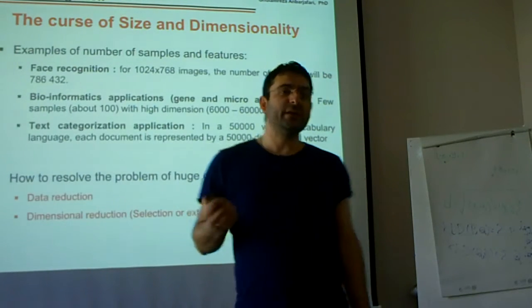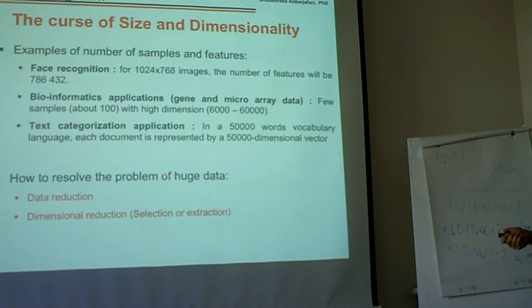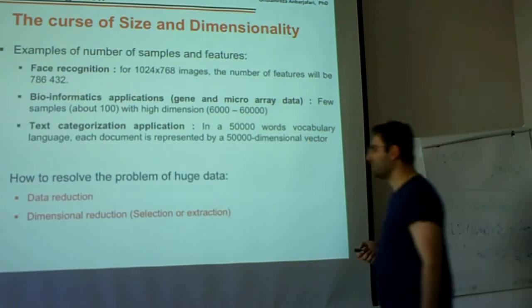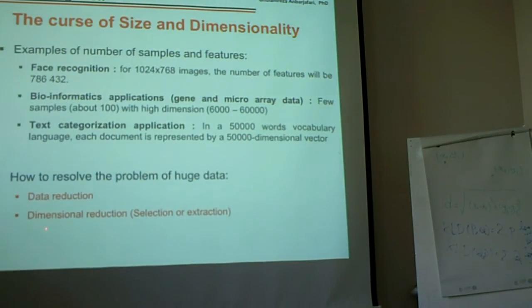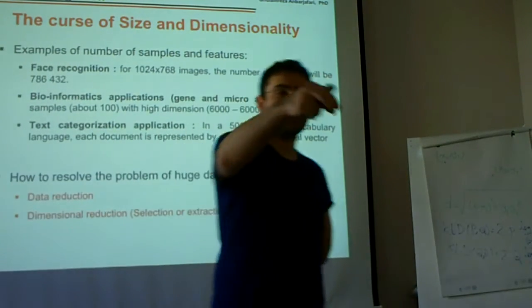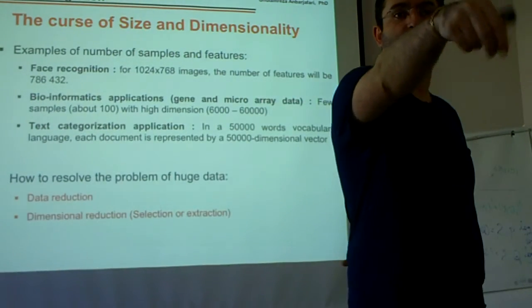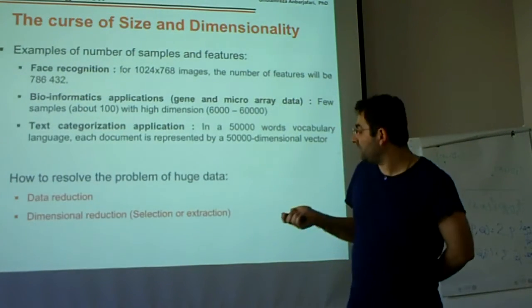You don't need all these features in order to represent. So the question is, how can we reduce the data, how can we reduce the dimensionality. In order to reduce the dimensionality, we have to be able to select or extract those important, good features. So we will talk about the techniques which we will use to do these operations.